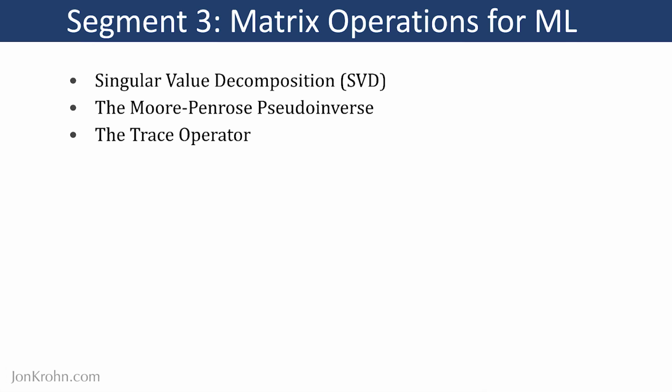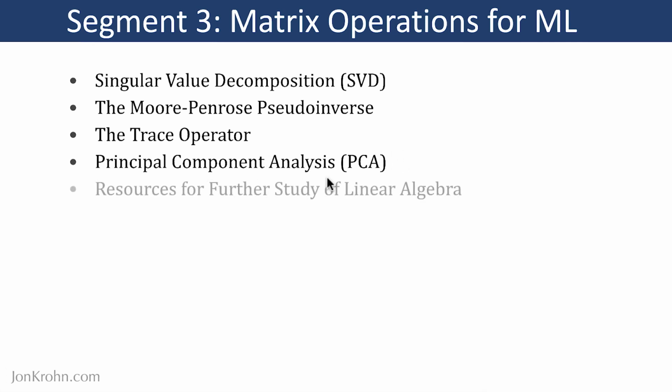We learned about the trace operator quickly. And then we learned about principal component analysis, which ties together the trace operator and lots of other concepts that we learned earlier in this series to power PCA, which is a simple machine learning algorithm for handling unlabeled data and finding structure in it.